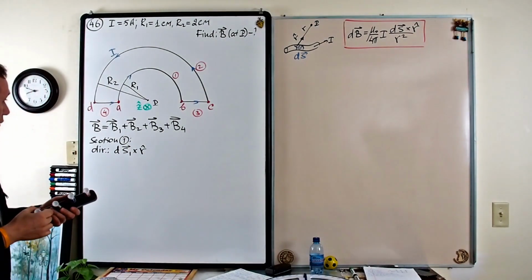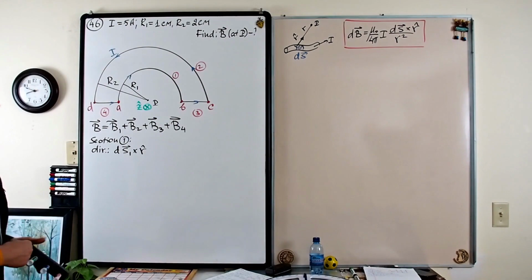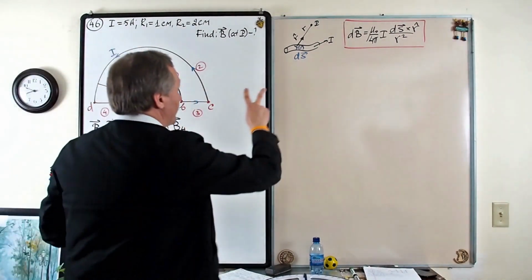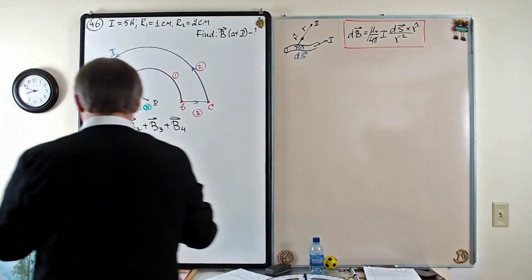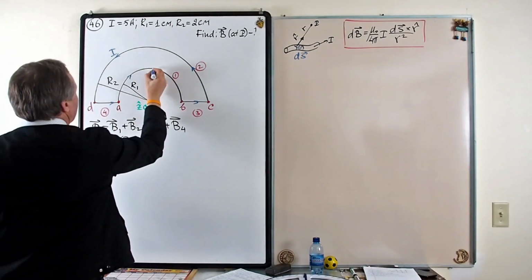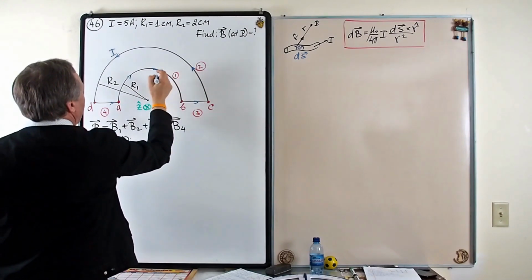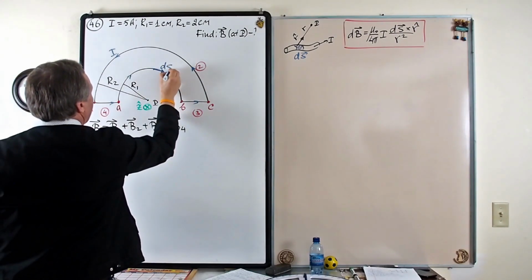So that's what determines the direction, ds1 cross r hat. Okay, now I want to see these vectors ds and r on my picture. ds is an element of the current. Okay, so now let me draw it here. I will take this point, and this is my ds1.